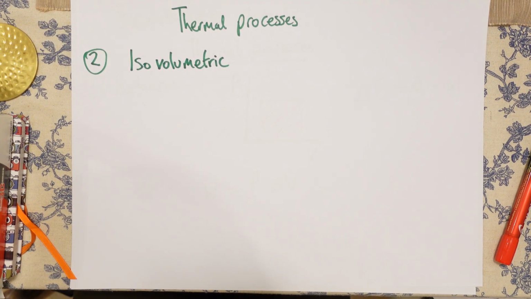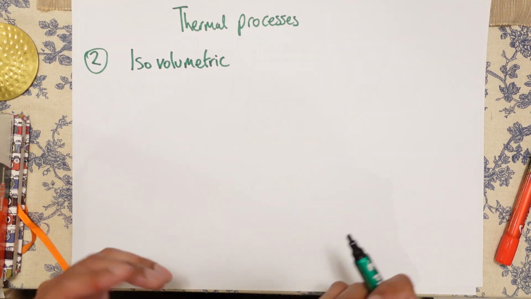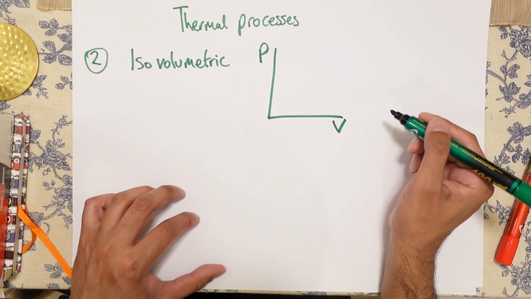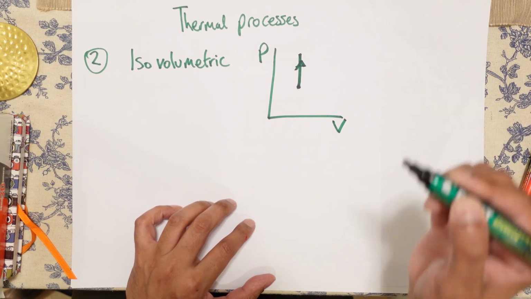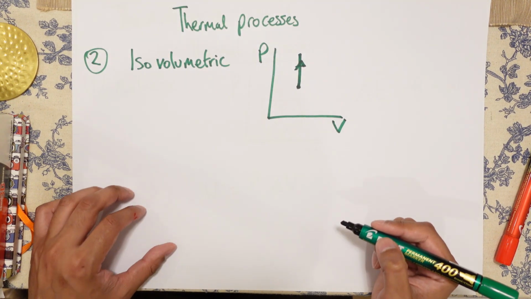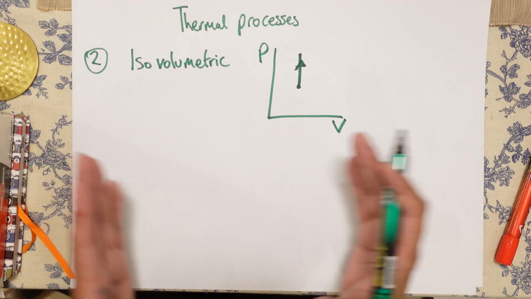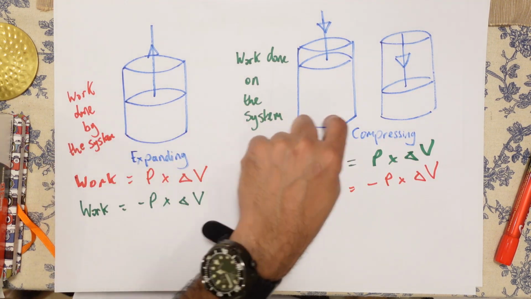Our next thermal process is isovolumetric. Iso meaning the same, volume meaning the volume. So if you have your PV graph, your volume does not change. So you start off here and you're going upwards in this direction. Now, when you've got this thing happening, because the volume isn't getting any bigger, if you have a piston, this situation is not happening.